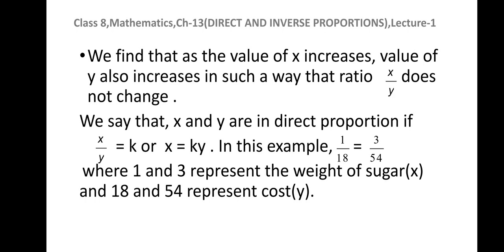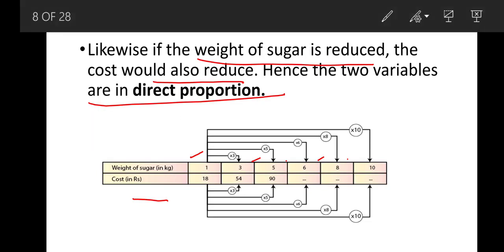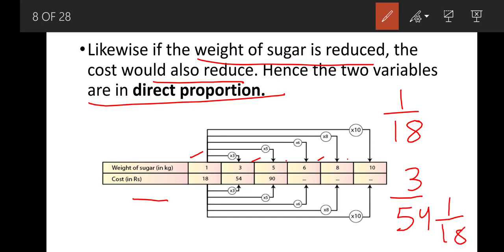Let us have a look at that table again. If you find the ratio of every number, like first ratio is 1 over 18, next is 3 over 54. If you divide it, or if you take its ratio, you will get 1 over 18. And 5 over 90, if you take its ratio, you will be getting 1 over 18.